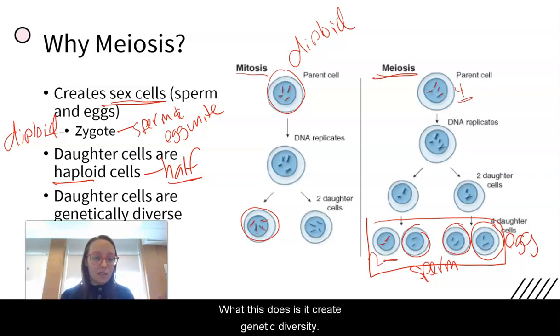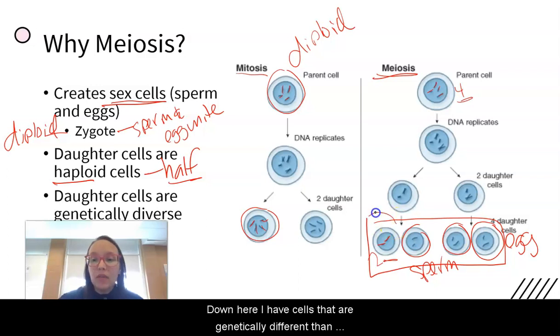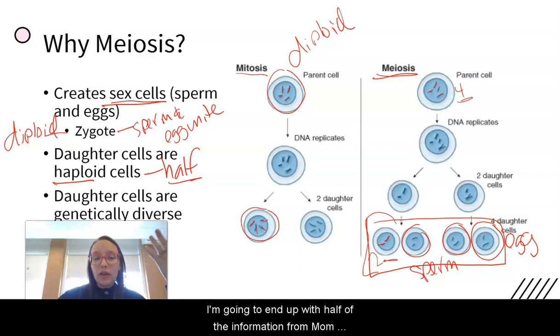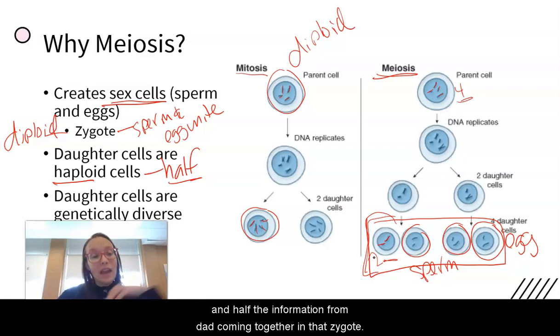What this does is it creates genetic diversity. Down here, I have cells that are genetically different than what I started with before. I'm going to end up with half of the information from mom and half the information from dad coming together in that zygote.